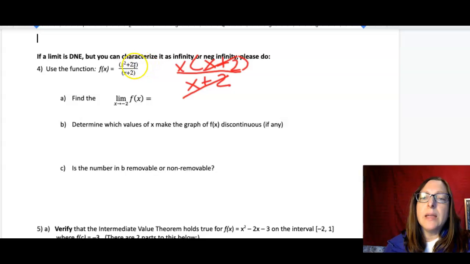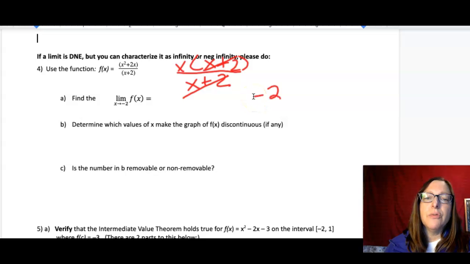So now I can easily plug in a -2, and I will get just -2 for my limit. So there is a value at x equals -2 that makes the original graph discontinuous. And since I got rid of the problem, that is called removable.